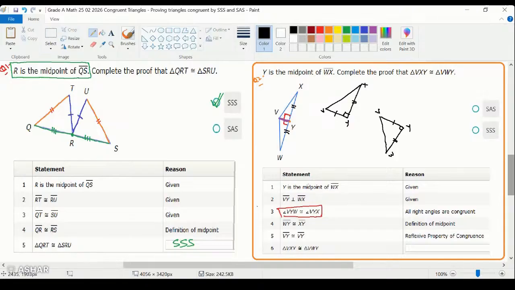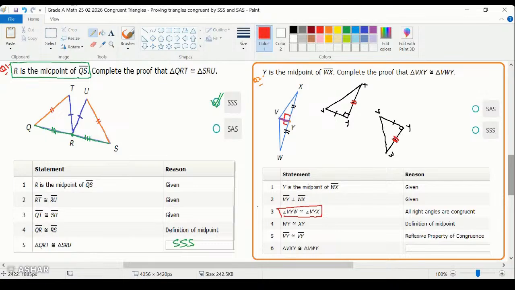So which property can we apply over here? Which property can we apply? What we are doing is we are looking at two properties, side angle side or side side side, right? In this case, we know that this length was equal to this length, right?